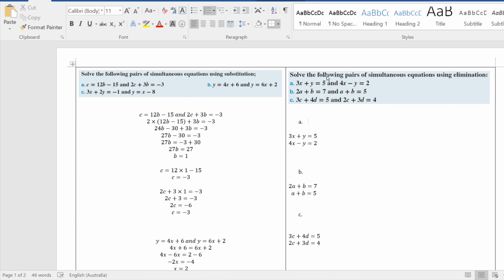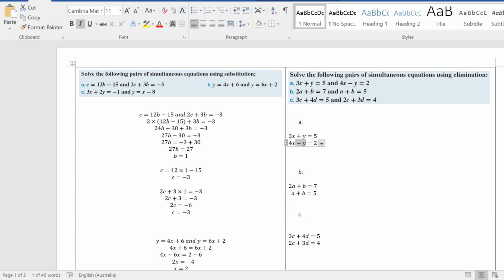So going over it here, the whole goal of elimination is that when we riffle shuffle them together, we do it to try and eliminate something. Now, we do that through either addition or subtraction. Let's have a look here at which pronumeral would be easiest to eliminate. And I can see it right here. I reckon we can try and get rid of this y.